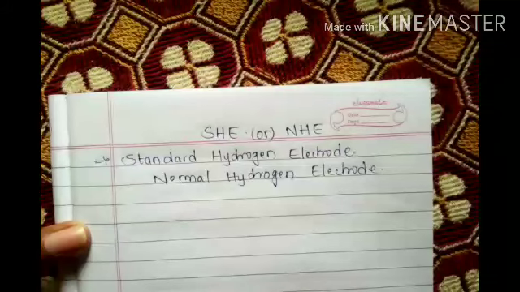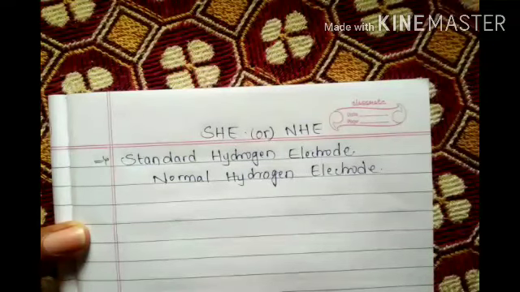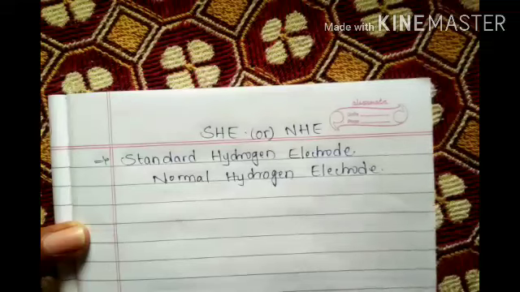For this one, we are using it for finding how much electricity is transferred from one side to the other side, either cathode to anode or anode to cathode. For finding this purpose we are using the standard electrode.